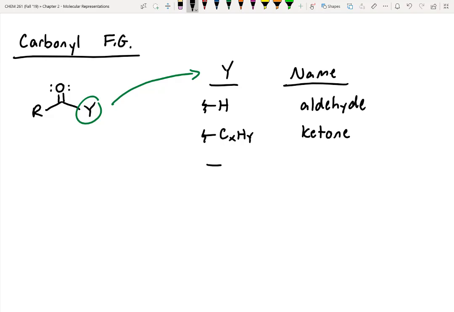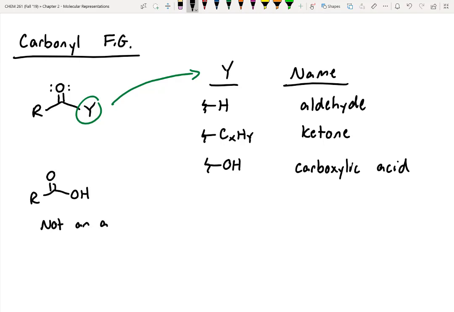All right, next one. What happens if we have an OH group coming off of there? It's not referred to as an alcohol anymore because it's coming off a CO double bond. This would be referred to as a carboxylic acid. So remember, anytime you see this, it is not an alcohol.